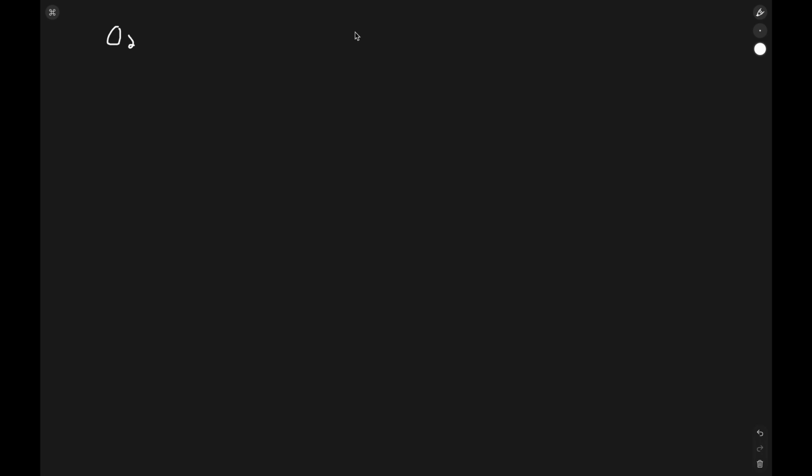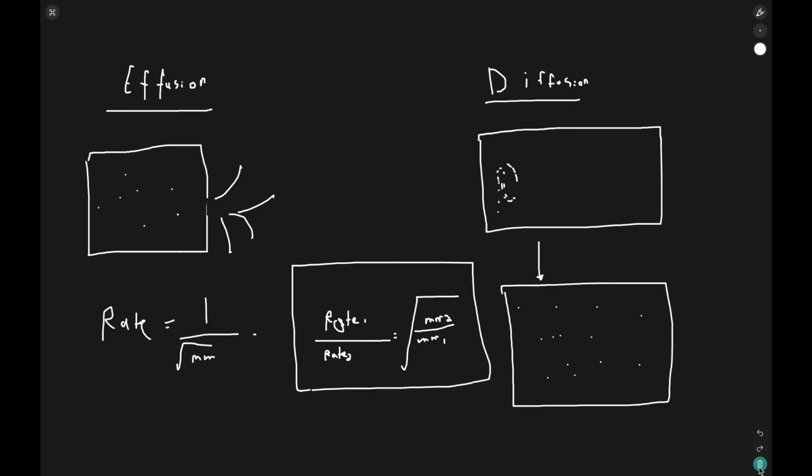You'll probably get some questions that ask you to find the molar mass, or rather what gas it is, which gives you a ratio of rates and asks you to find what gas it is.